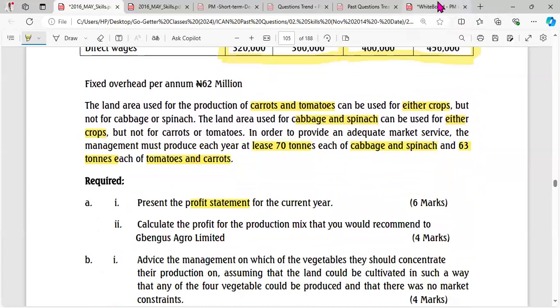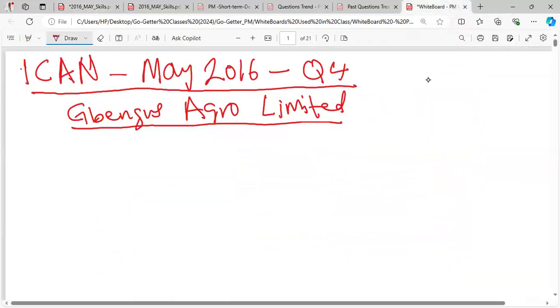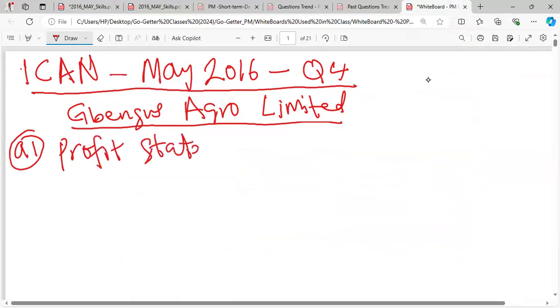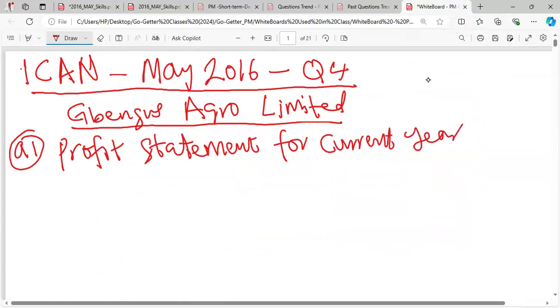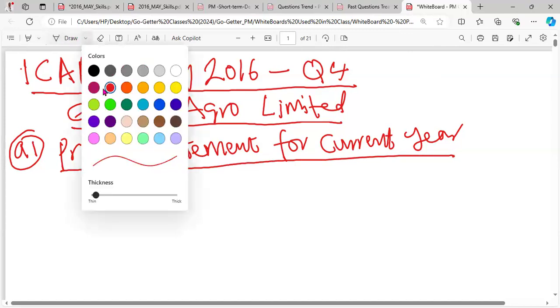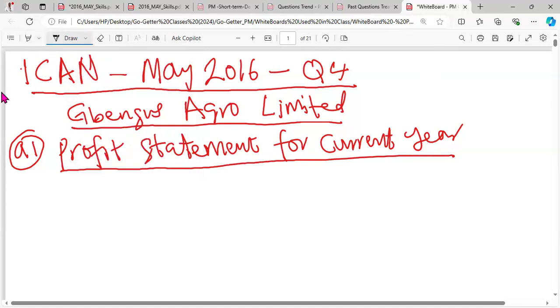So this is A1, profit statement for current year. Okay, let's give this a different color. All right, so let's go.